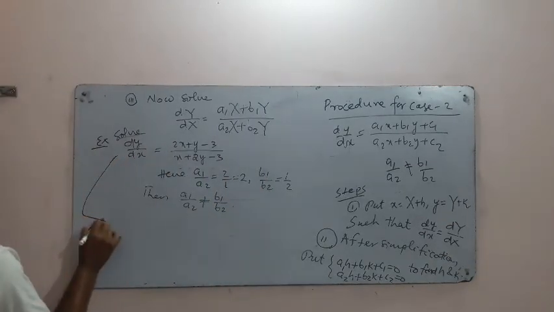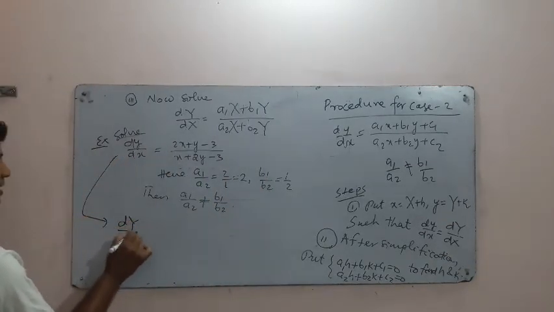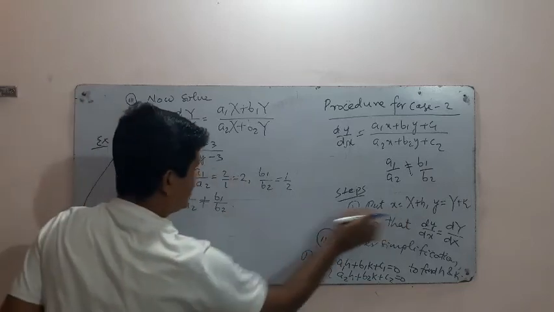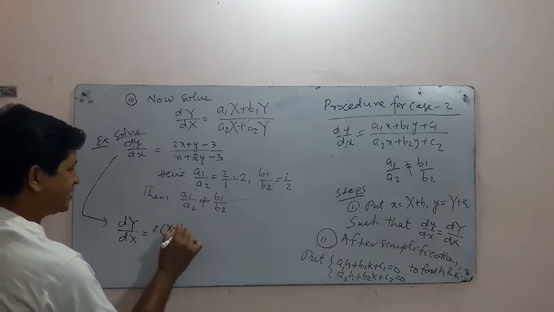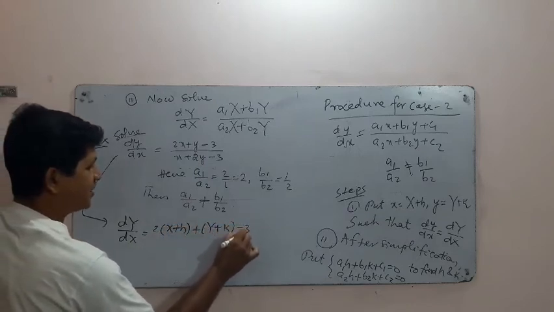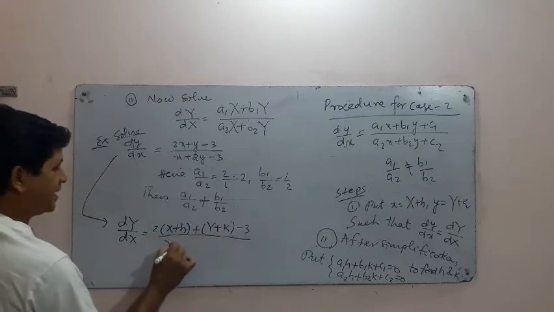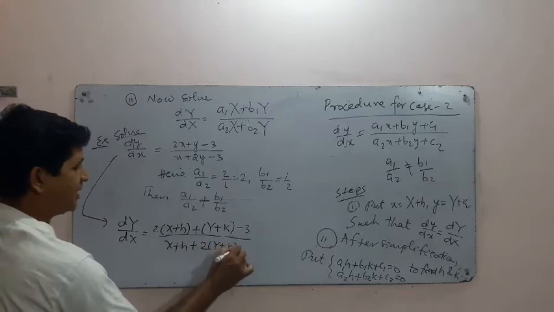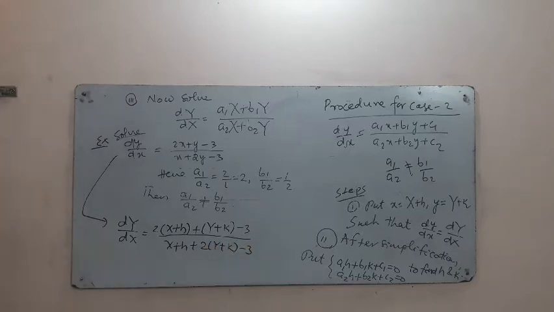Right? So this reduces to d capital Y by dx is equal to 2 into (capital X plus h) plus (capital Y plus k) minus 3, by (capital X plus h) plus 2 into (capital Y plus k) minus 3.